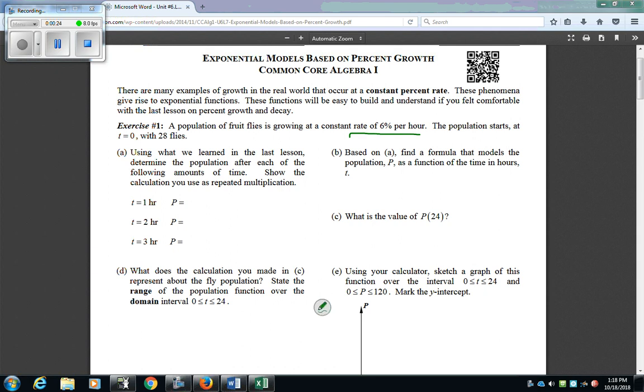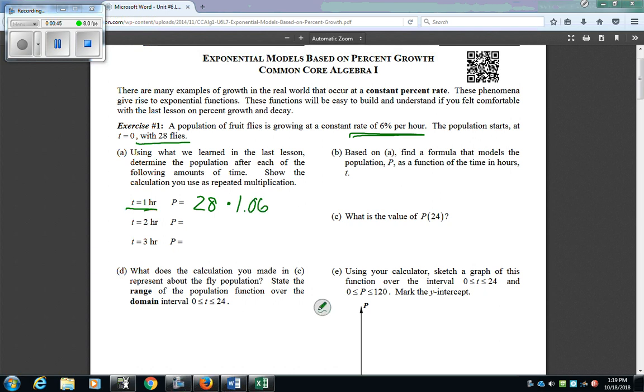They've got a rate of 6% per hour, and they say the population starts with 28. Now, each time an hour passes, there's a 6% growth. So for 1 hour, it would just be 28 times 1.06.